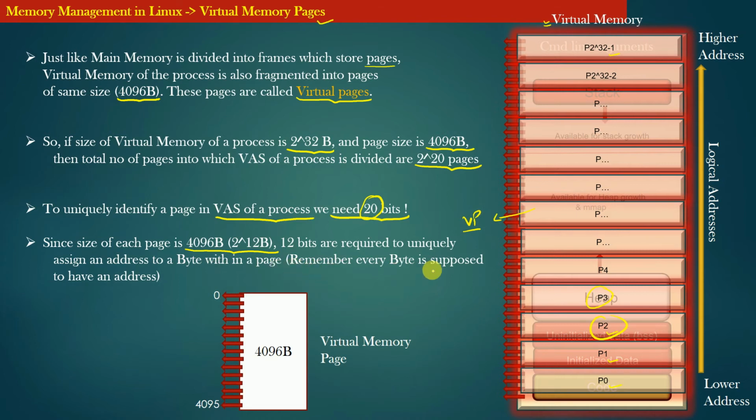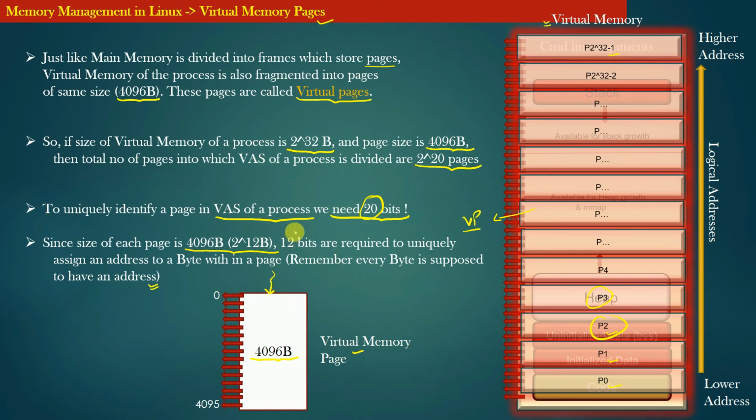Remember, every byte is supposed to have an address. This diagram represents a typical virtual memory page. It means that this virtual page has 4096 bytes. Now every byte has an address.